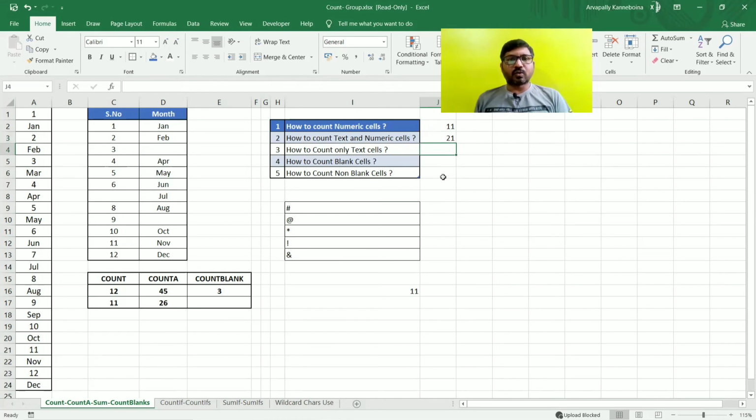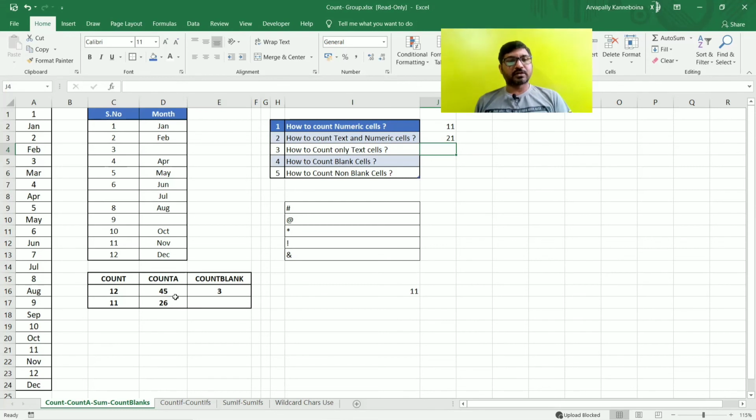So how to count only text cells? Yeah, finally our question is there. How to count only text cells? We have discussed only three formulas. One is count, that counts only the numeric cells. The second one is count A, it will count whatever is in the cell that is countable.